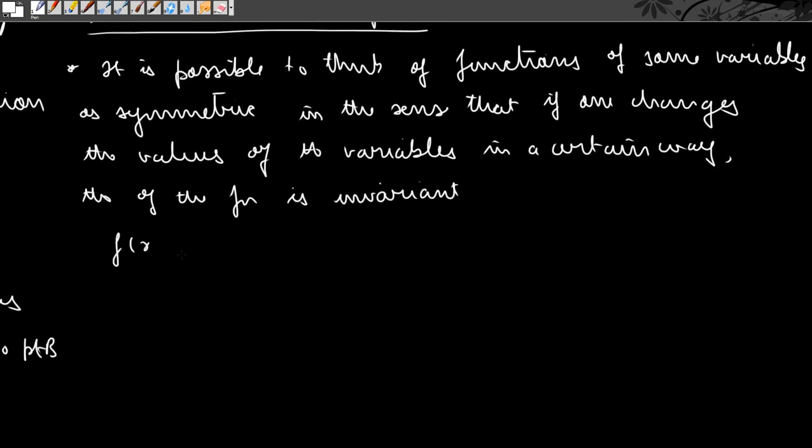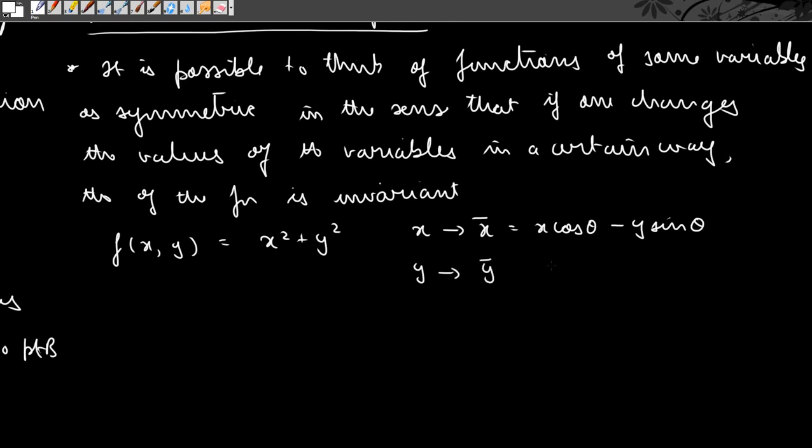Let us consider a function which depends on x and y given by x square plus y square. Okay, now if I perform the transformation from x to some x bar given by x cos theta minus y sin theta, for any value of theta, and y to y bar equal to x sin theta plus y cos theta, then under this transformation you can check that f of x y is going to be equal to f of x bar y bar.